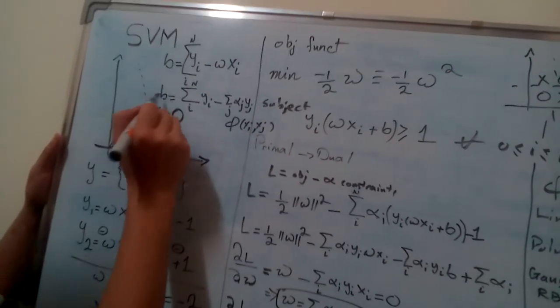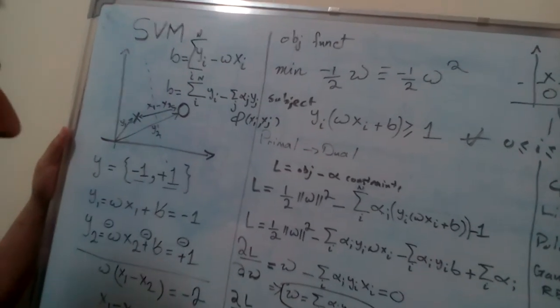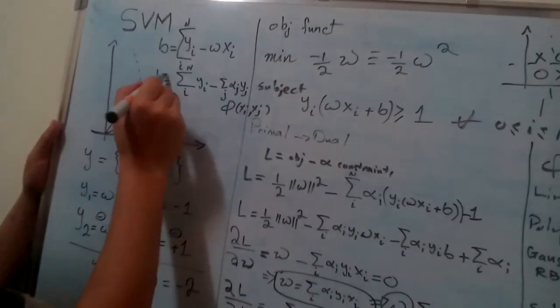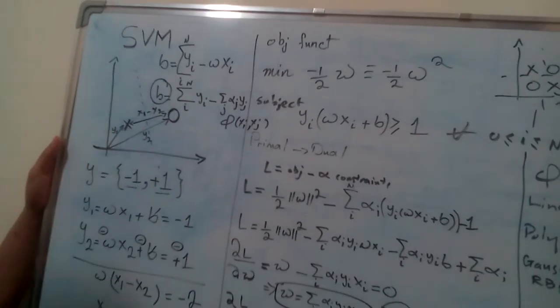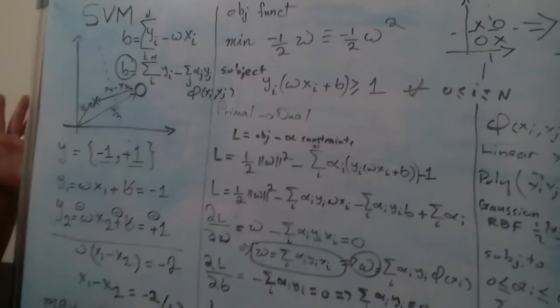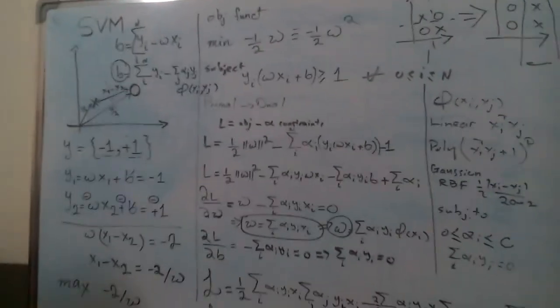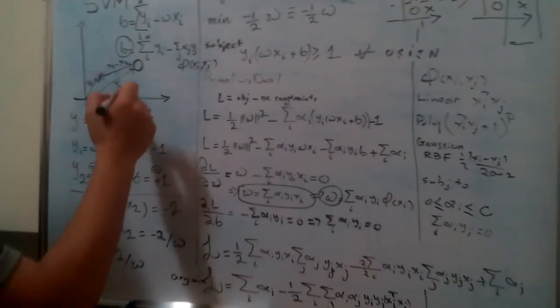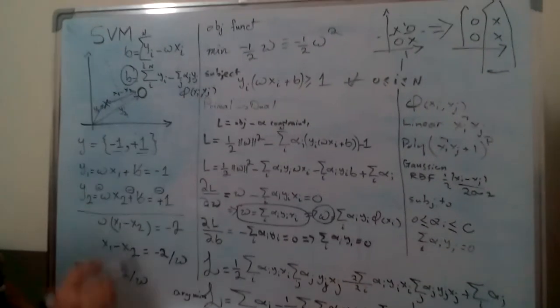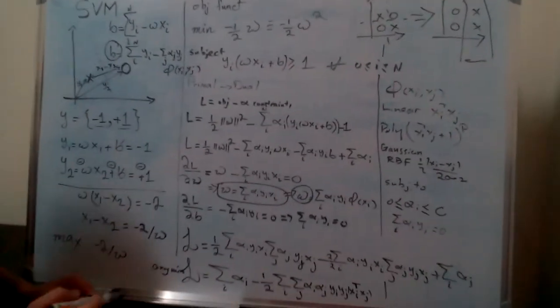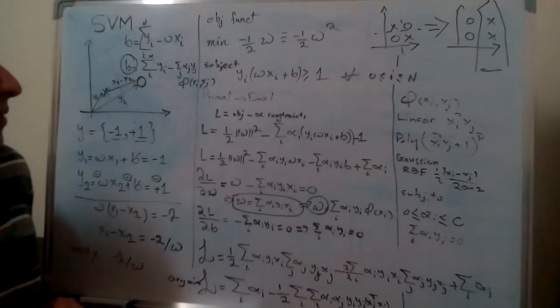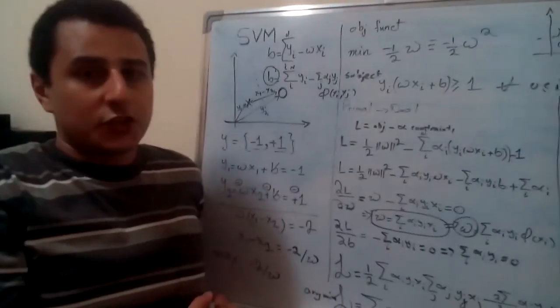And voila, here we've got our omega, the slope, and here we've got our intercept b, and this is what is needed to define the support vector machine equation, the hyperplane that separates the two classes with the maximum difference. So this is the mathematics behind support vector machines.